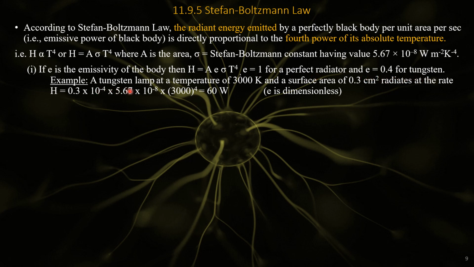Example, a tungsten lamp at a temperature of 3000 Kelvin and a surface area of 0.3 centimeter square radiates at the rate of H. We can calculate the energy radiated by a tungsten lamp as H is equal to 0.3, that is the area, into converting centimeter square into meter square, 0.3 into 10 to the power of minus 4, into 5.67 into 10 to the power of minus 8, that is sigma, into 3000 to the power of 4.